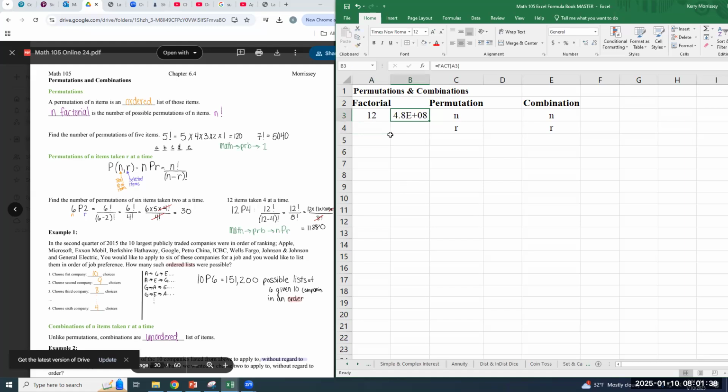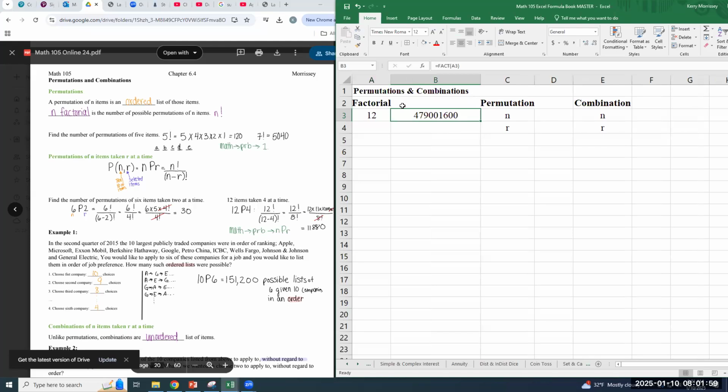You'll notice that it looks super small if you did 12 factorial, which shows 4.8 e plus 08. That just means that this cell is too small to contain this number because it is large. We take this decimal point and move it over 8 to the right. If we expanded the cell, you can see it is a large number. The cell was just a little too small to contain it.